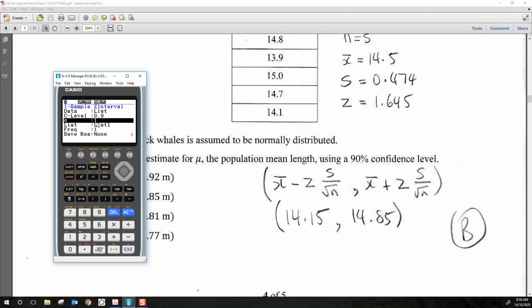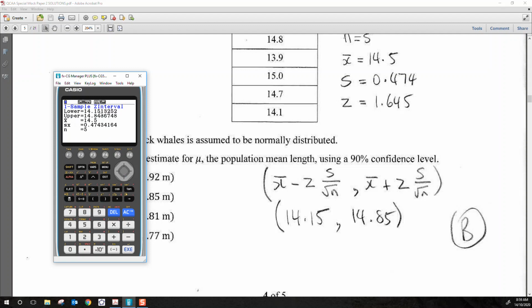Sigma is not 1. Sigma is 0.474. List 1, frequency 1, yes. And execute, see what we get.